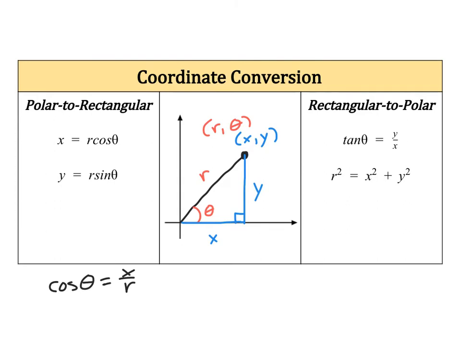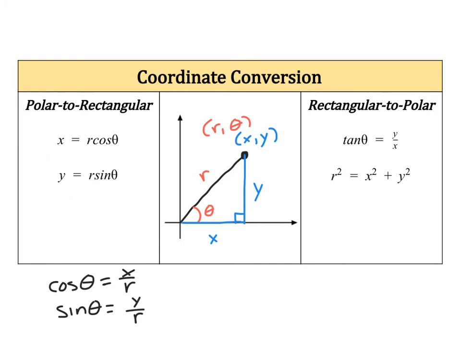That's where that formula comes from. And if I want to find the opposite and I have the hypotenuse, that would be sine. So I can say sine of theta equals y over r, and if you multiply both sides by r, we have y equals r sine theta. So that's where these come from. It's really just basic SOHCAHTOA.